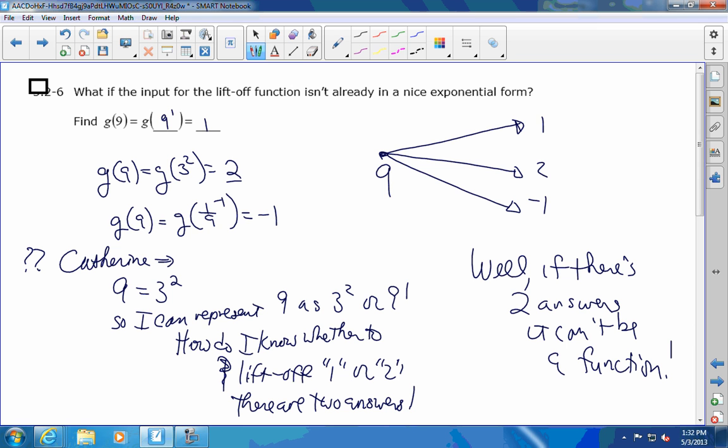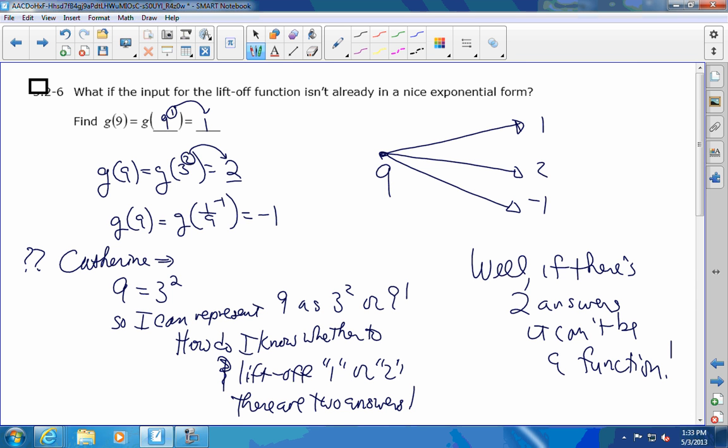So what is it about the input that determines that one of the answers is 1, and one of the answers is 2? Right, so we know that this becomes that, and this one goes there. That's how we get the answer. But what determines whether that's a 2 or a 1?